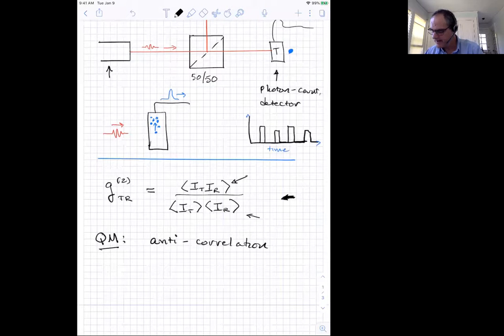That means that any time that the transmit intensity is non-zero, the reflect intensity will be zero, or vice versa. And so the product of these will be zero. That means the term in the numerator, the average of the product, will always be zero.